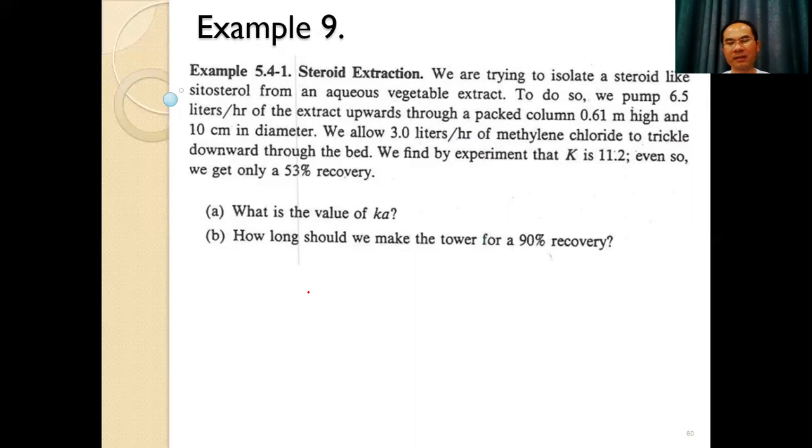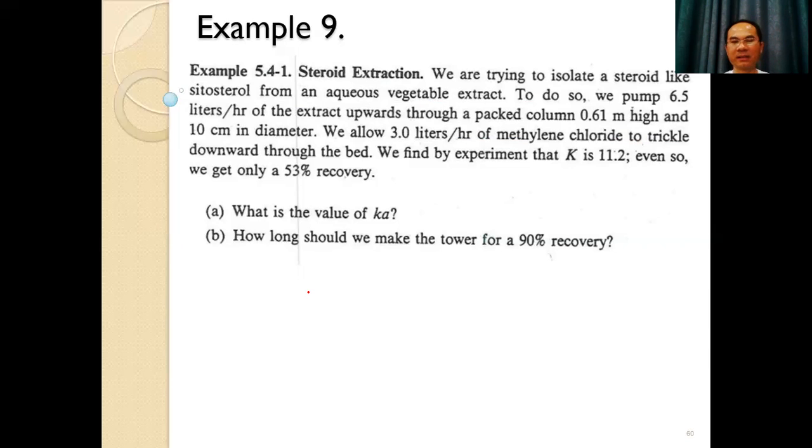From the experiment, the K value is 11.2, and the achievement is 53% recovery. 53% recovery means that 53% of the sitosterol fed is separated out of the liquid phase and 47% remains in the heavy phase. The question: what is the value of Ka? K is the mass transfer coefficient.